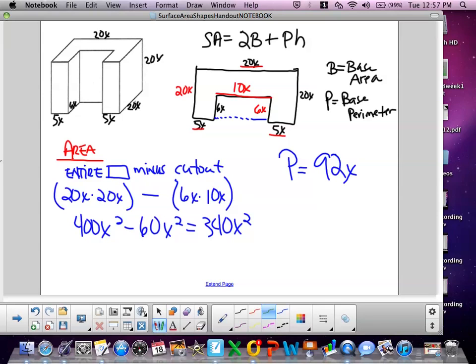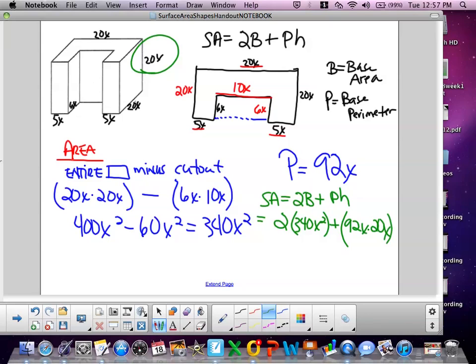And now finally you're ready for your surface area calculation. So I multiply the base measurement times 2. I multiply the perimeter times the height of the object. How tall is this object? How many base shapes do I have stacked up on top of each other?